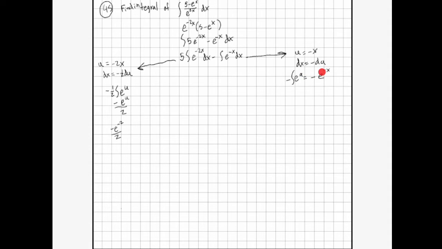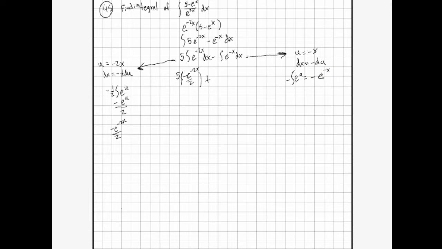So after that I just plug these back into the equation, so that's 5 times negative e to the power of negative 2x over 2. Alright, and then since this is minus on the outside right here, I can just make that a plus.